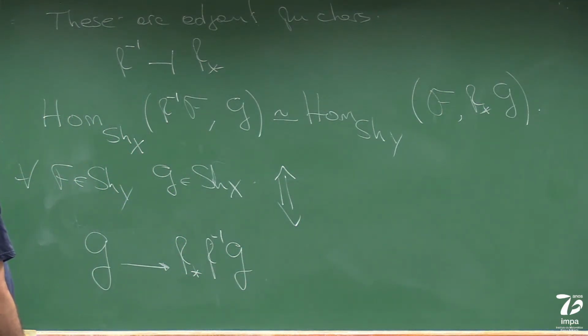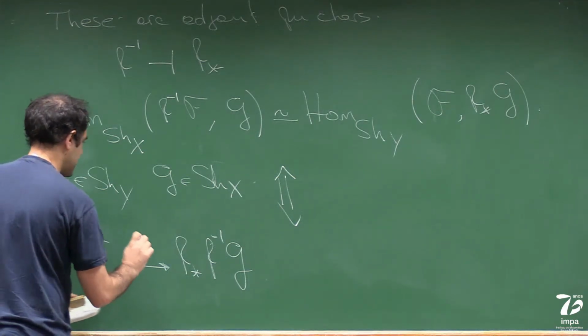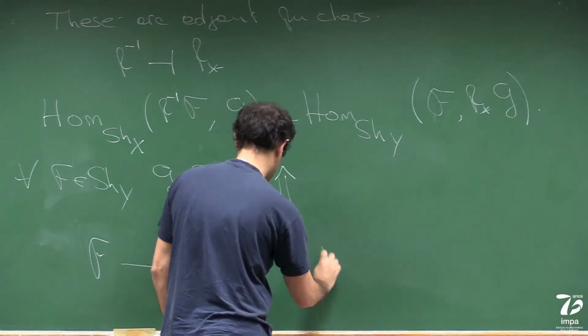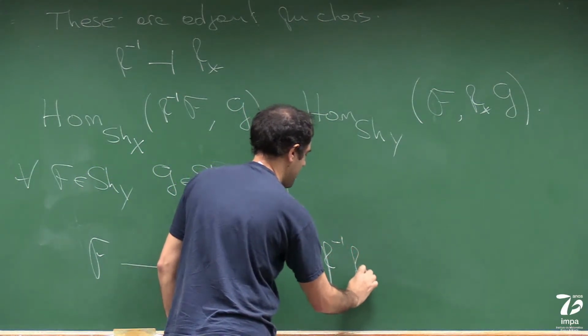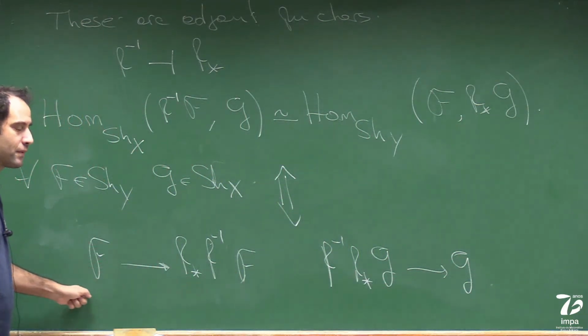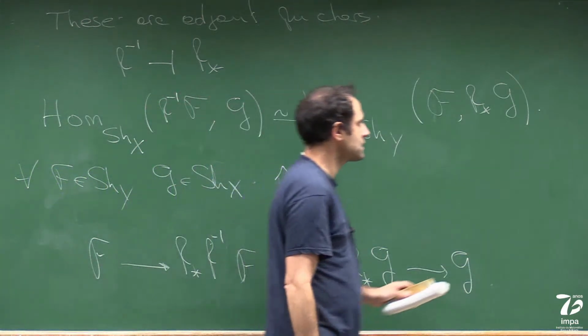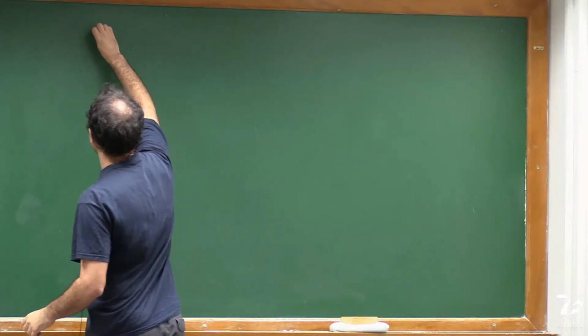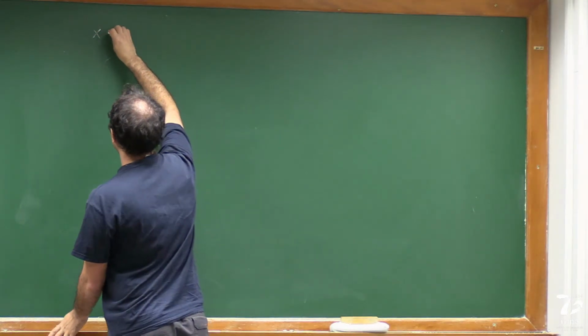I guess here's F, and here's F. And I have a map from F inverse, F push forward of G to G. But I want to understand this map, and I want to understand this map in only one case, which is the case where X is just a point inside of Y. So we can apply this to the situation where this is just a point.